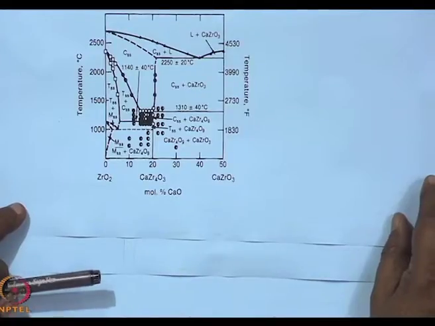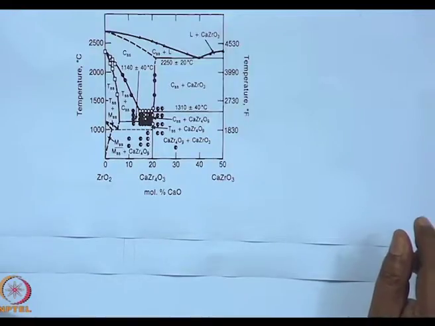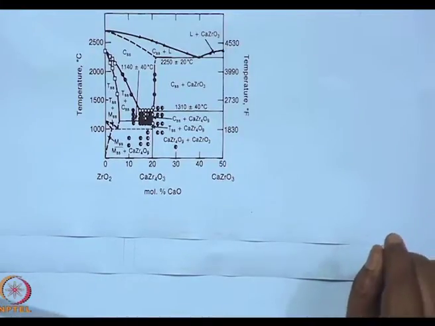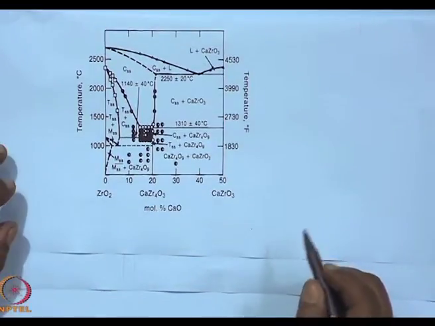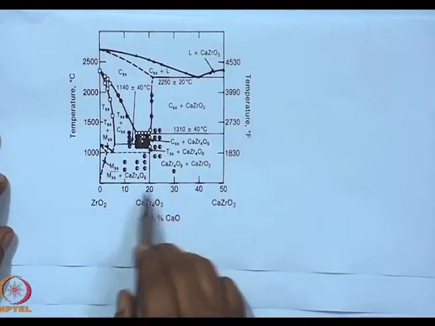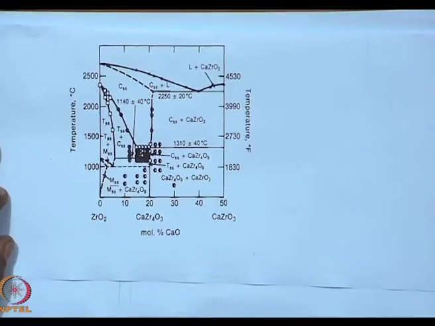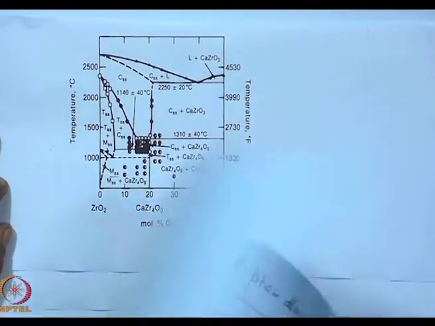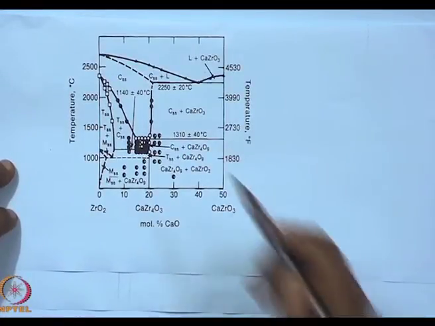This is the phase diagram of calcium oxide zirconium dioxide. You will see over here, look at the change in the scale. This is entirely different from what I had drawn over here. There is a large change in scale.